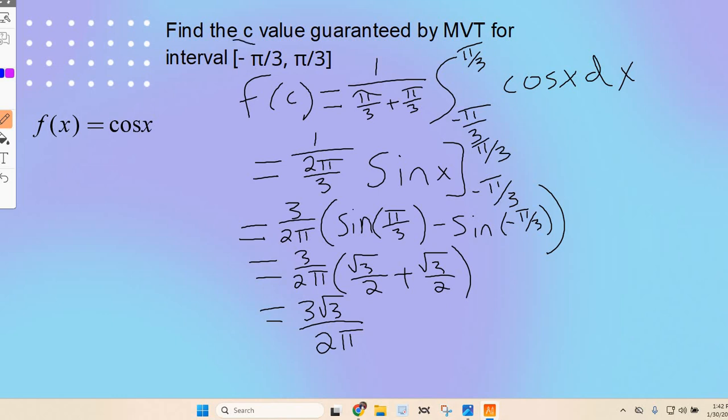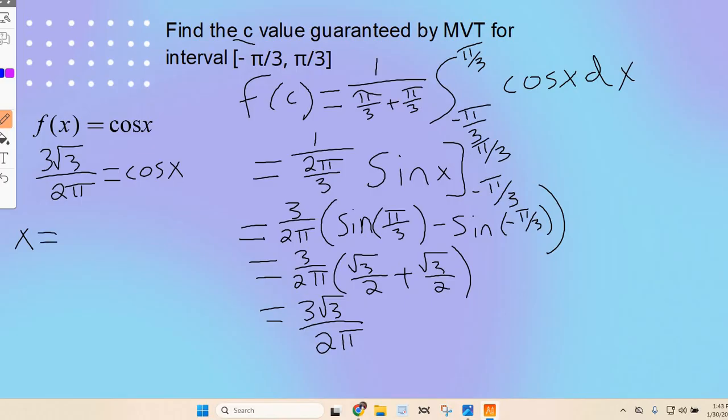So this is a y value. It's asking me for the x value. So I'm going to take my f of c and set it equal to my original function. How do I undo a cosine? That's the reciprocal.